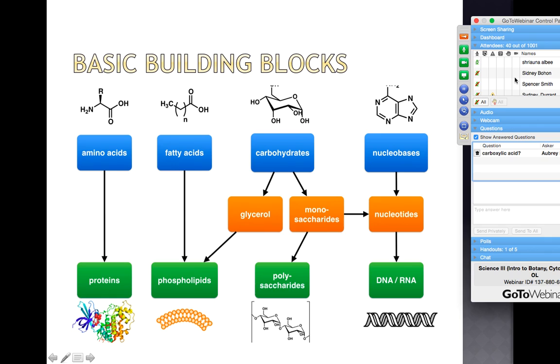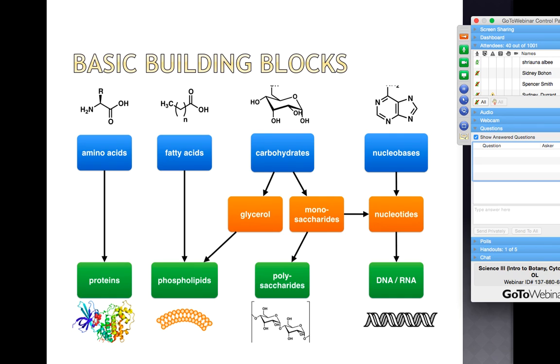Anybody else know? Aubrey says carboxylic acid is actually just carbon. So whenever you see these lines, if it doesn't say anything at the intersection of the lines, that means there's a carbon atom. There are so many carbon joints.